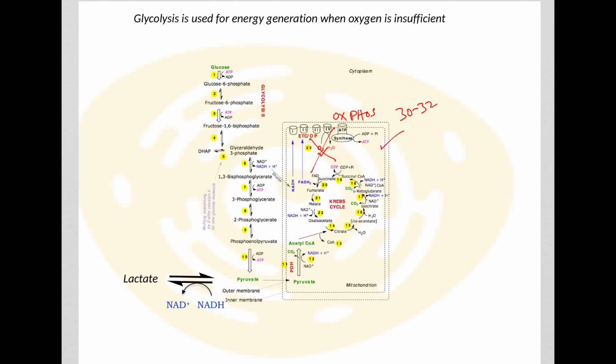Without oxygen, it's going to use glycolysis to give you the 2 ATPs per glucose. And to do the glycolysis part, it has to make sure that the pyruvate is converted to lactate so that the NADH is converted to NAD, and the NAD can be used by glycolysis in step number 6.